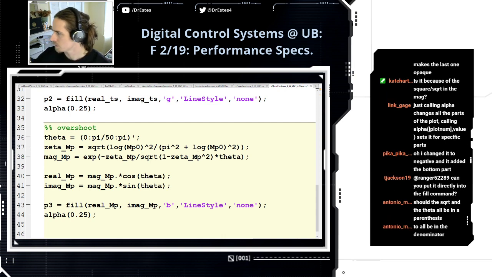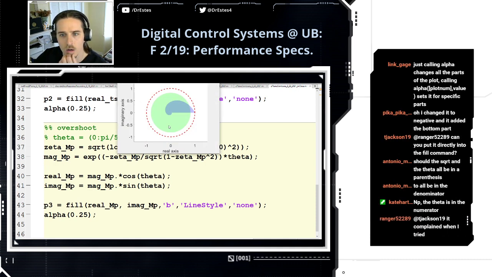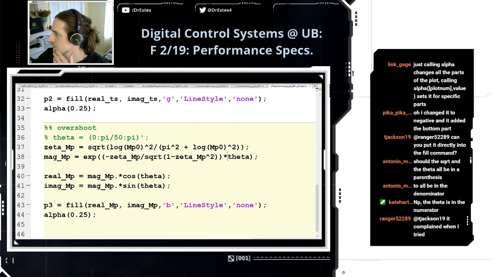We could, I mean, I could add this, but I think the order of operations is still okay. Like, so this one will make sure, let's run this. No, see, that's the same. Yeah, the theta's in the numerator. The theta should definitely be in the numerator here.